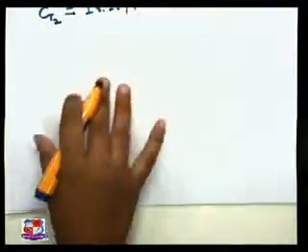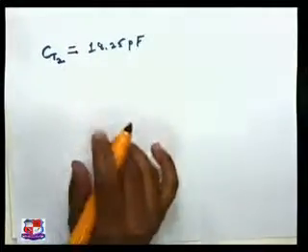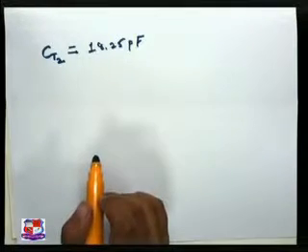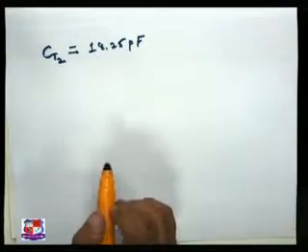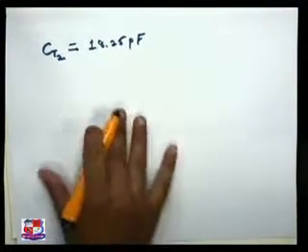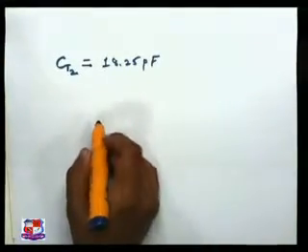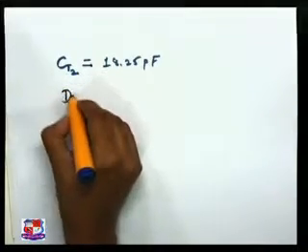The question is that we should find out the decrease in the junction capacitance with the increase in the reverse bias voltage. So what will be the decrease in capacitance?